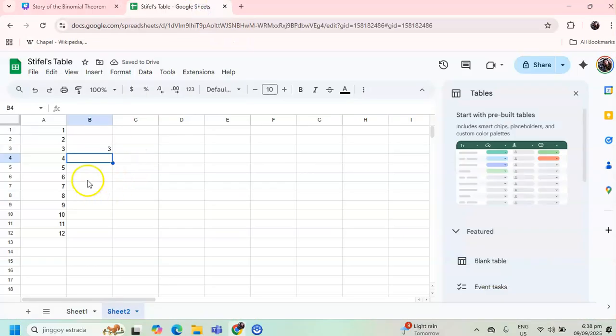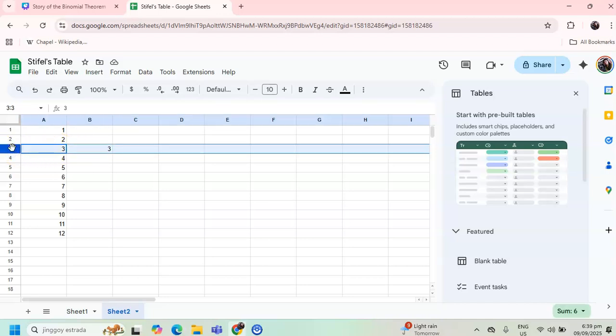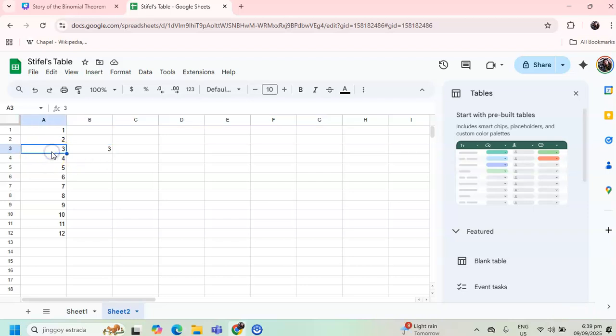So here, we're going to find the number for this cell. We look up at the same column, so above it is 3, and the number of that previous row and previous column is 3. So we add these two. 3 plus 3 is 6.